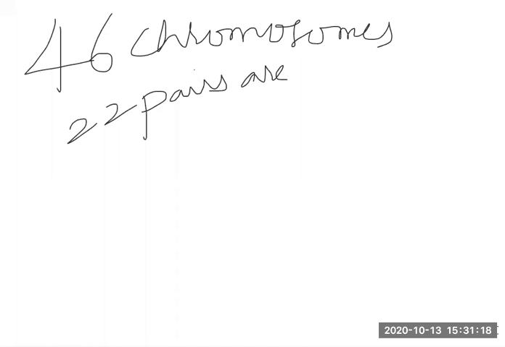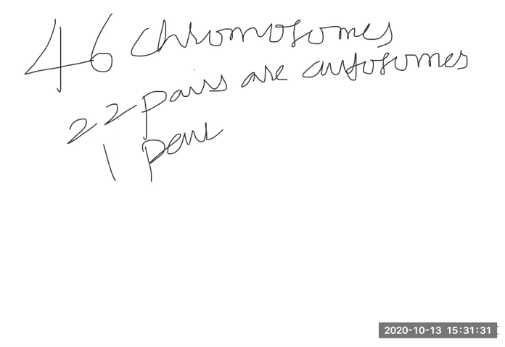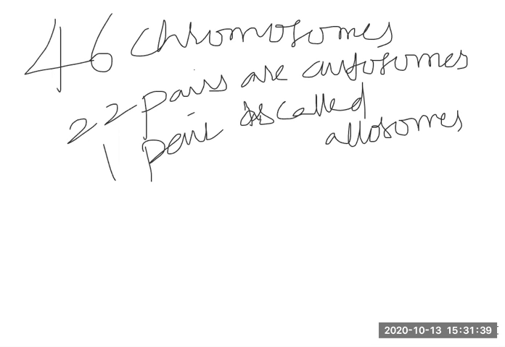That means somatic chromosomes that represent only somatic characters of the body, like hair color, height, skin color, everything of the body except reproductive organs. Remaining one pair is called allosome.